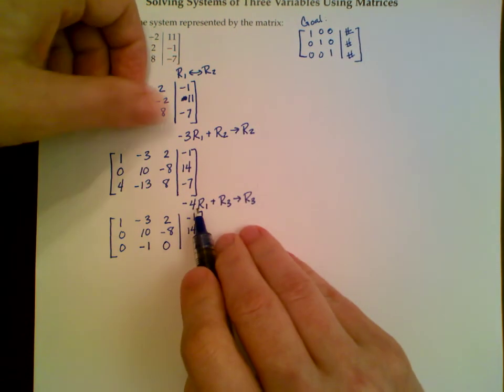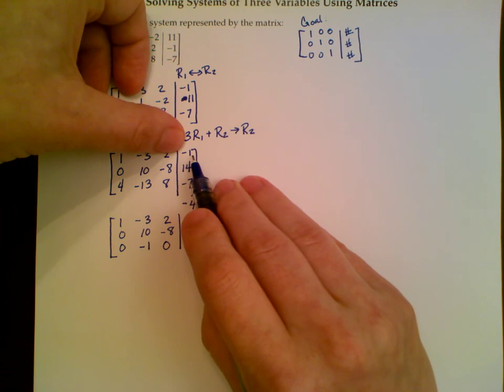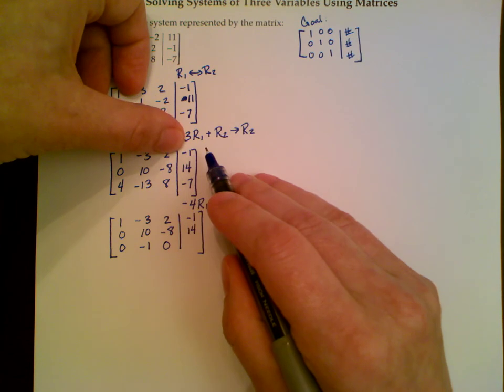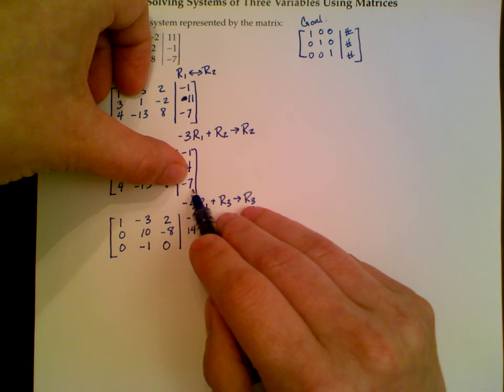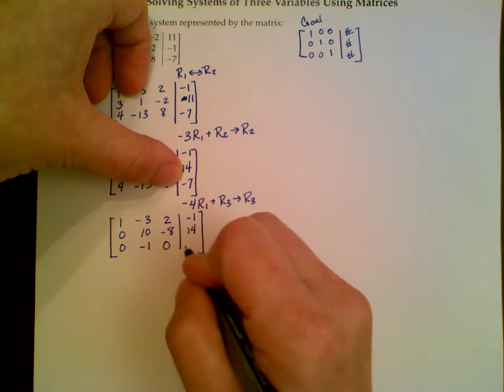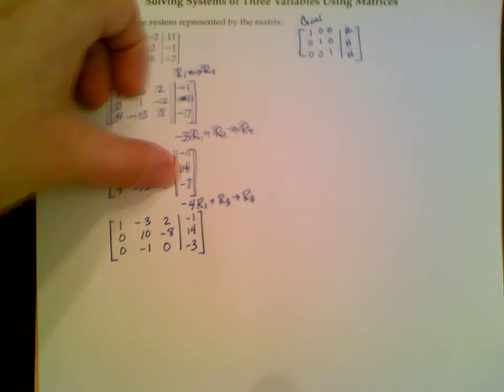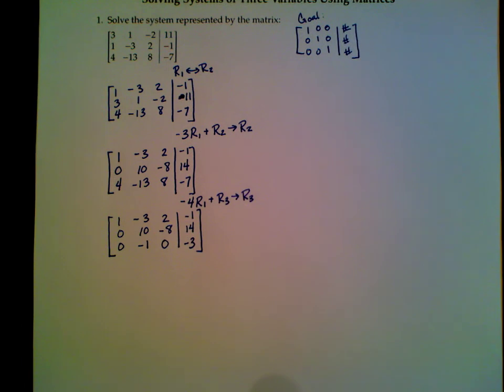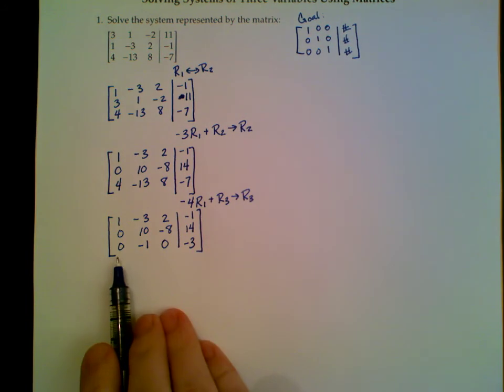Negative 4 times negative 1 is positive 4, plus negative 7 is negative 3. All right, so my first column is now perfect.